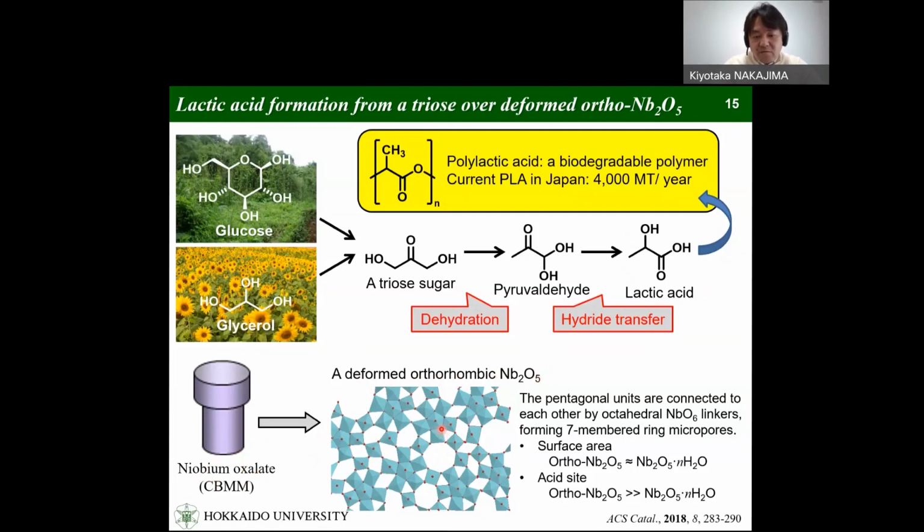This material has a pentagonal unit. This is very unique, connected to each other by octahedral units, forming a six-membered ring of the micropore here. This structure guaranteed high surface area compared to the amorphous niobium oxide, and this material has a lot of acid sites compared to niobic acid, and this material shows high activity for this reaction.